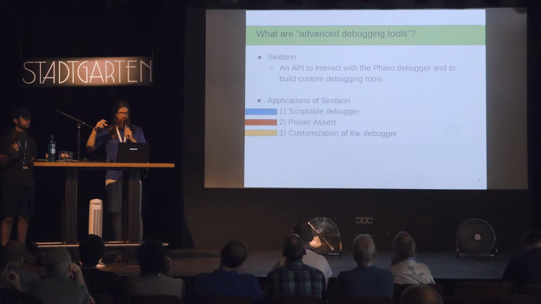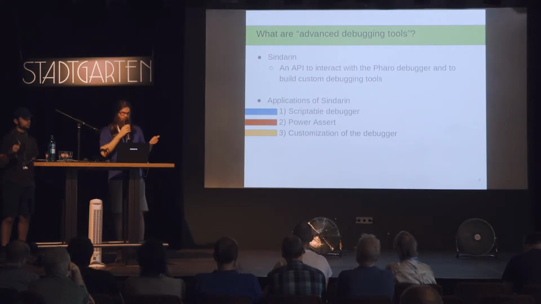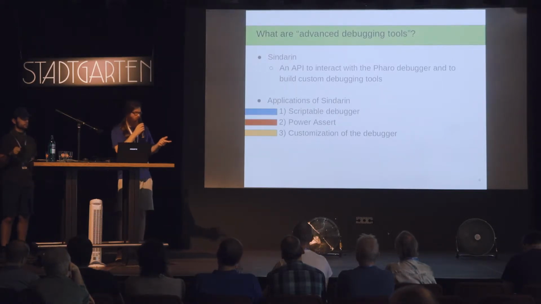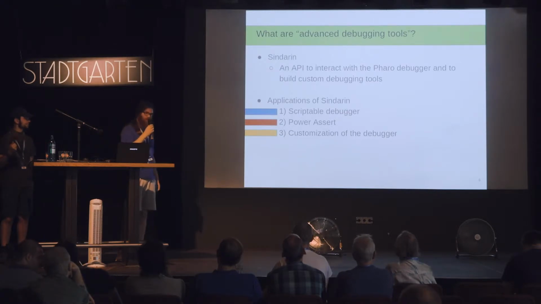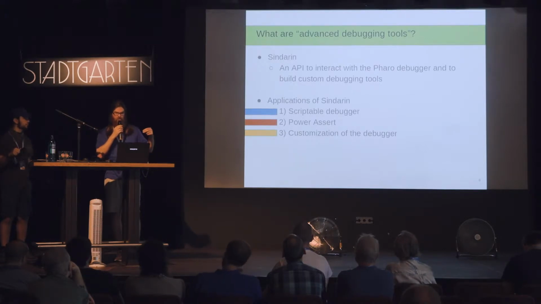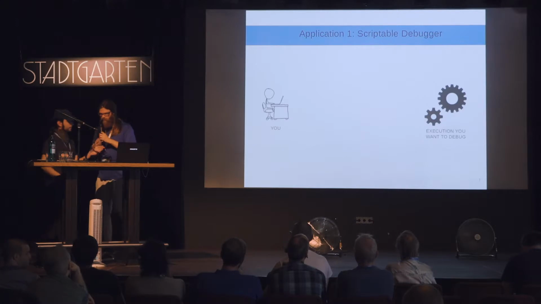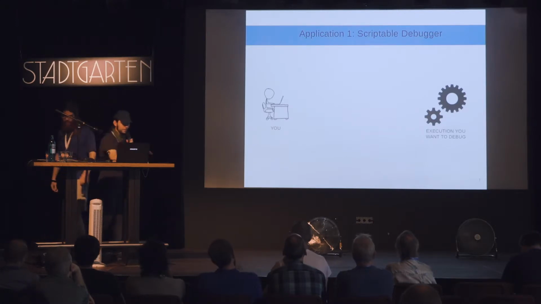So we are going to show you demos of the prototypes and applications of that scripting API, which are a scriptable debugger, a tool for testing, which is named PowerAssert, and we will also explain how we will use Sindarin to provide infrared means to customize the Faro debugger. So Thomas is gonna show you a demo of the debugger. Yep, that's my cue.